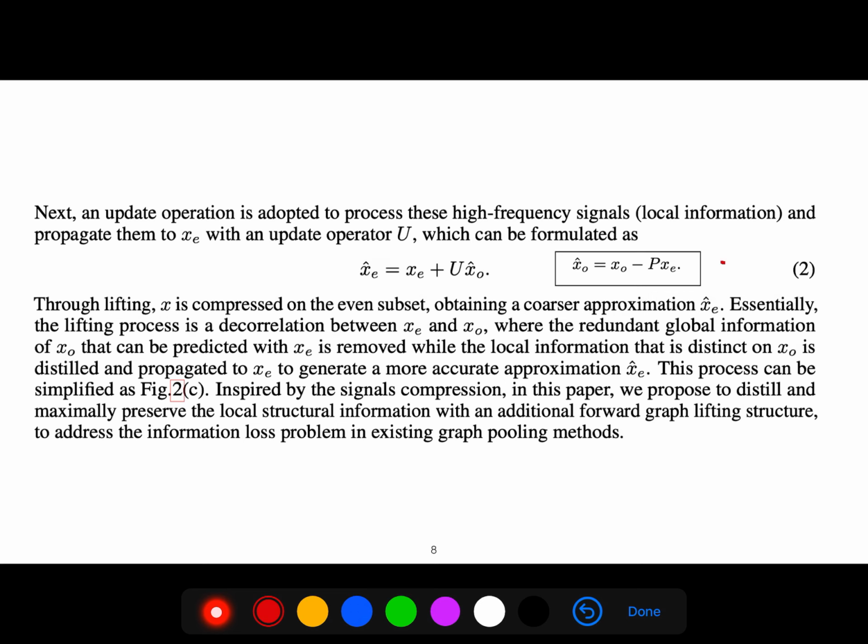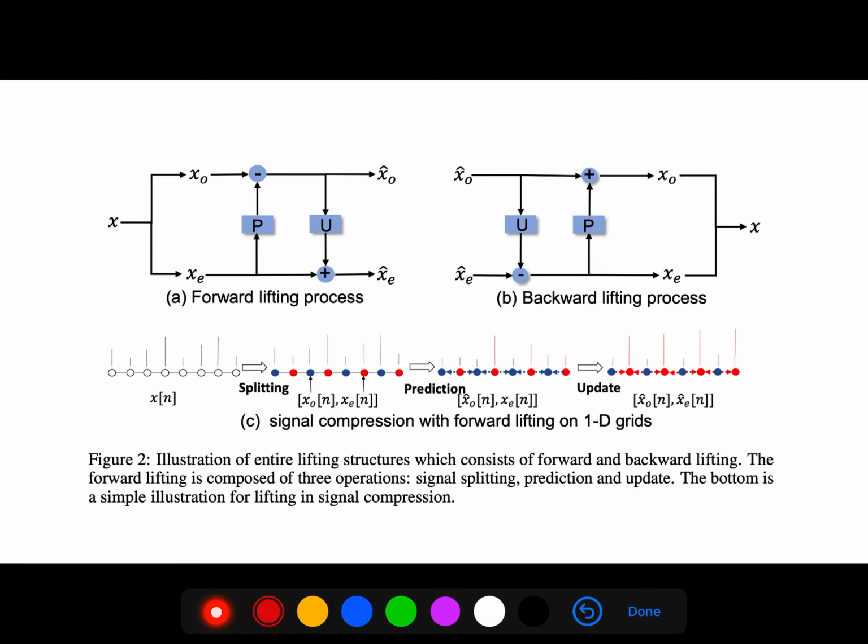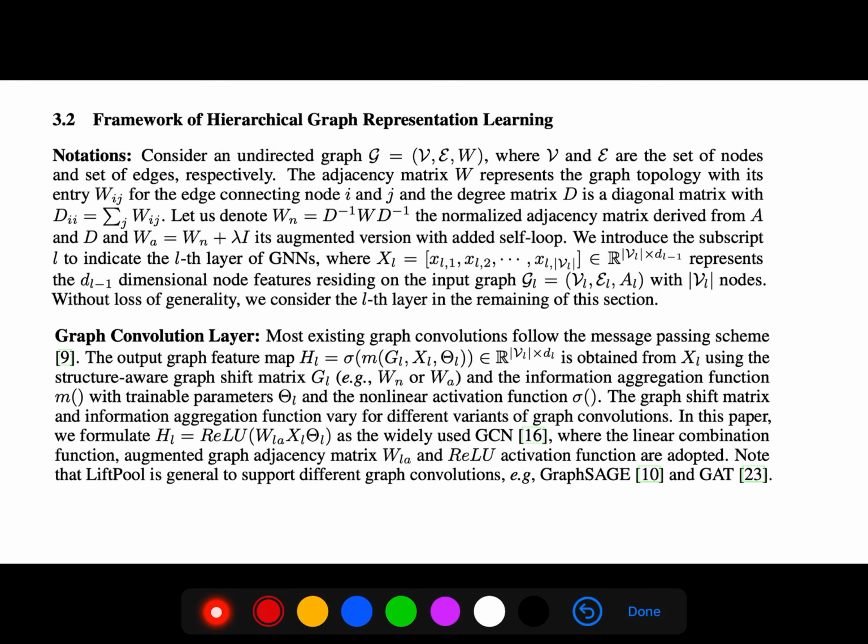Essentially, the lifting process is a decorrelation between x sub e and x sub o, where the redundant global information that can be predicted with x sub e is removed, while the local information that is distinct on x sub o is distilled and propagated to x sub e to generate a more accurate approximation. So you see the forward process and the backward process in the equations. We do splitting, then prediction, then update.